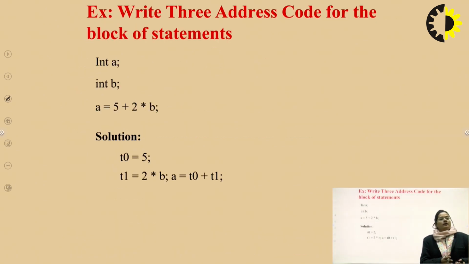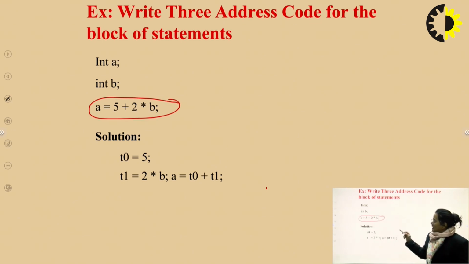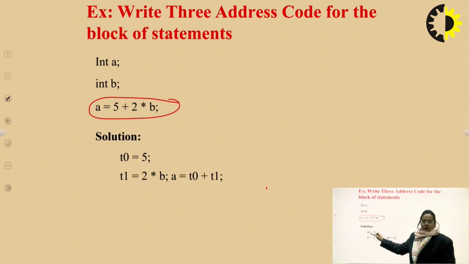Now we have to write a three address code for a block of statements. Suppose there are three statements: int a, int b, a = 5 + 2 * b. So we can write the three address statements for this code like this: t0 is a temporary variable, t0 = 5, t1 = 2 * b.